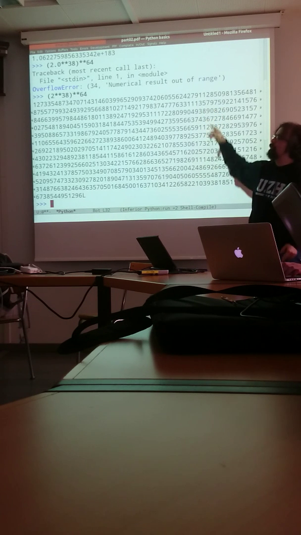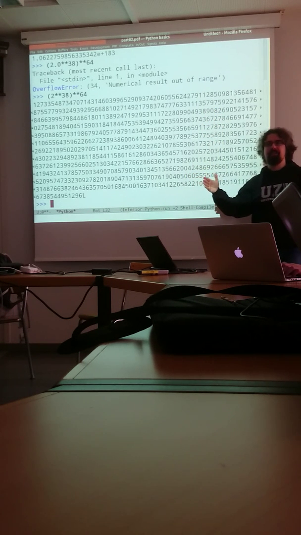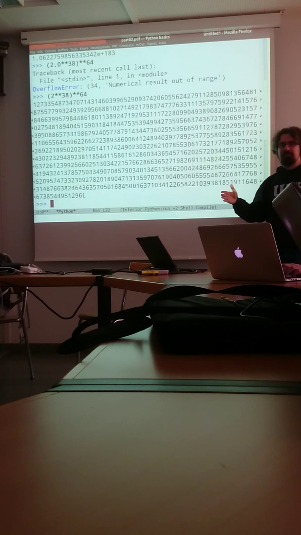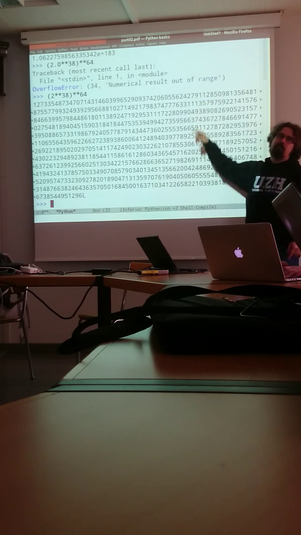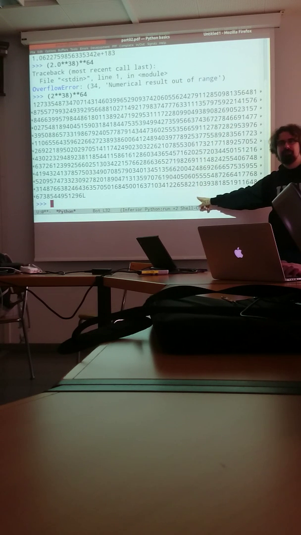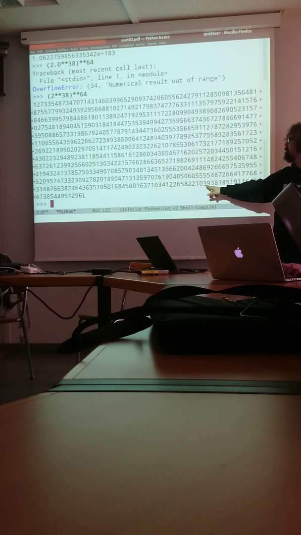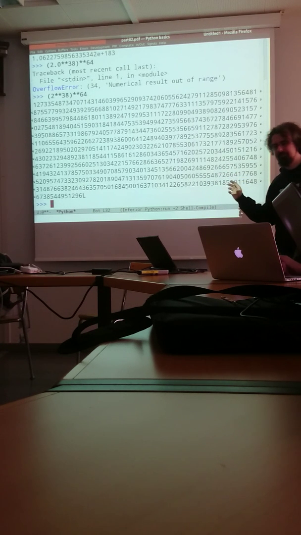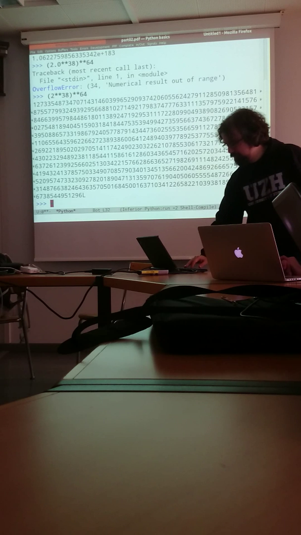At some point you exceed the capability of the floating point processing unit on the processor, and then you're out of luck: numerical result out of range. This never happens with integers. Questions?